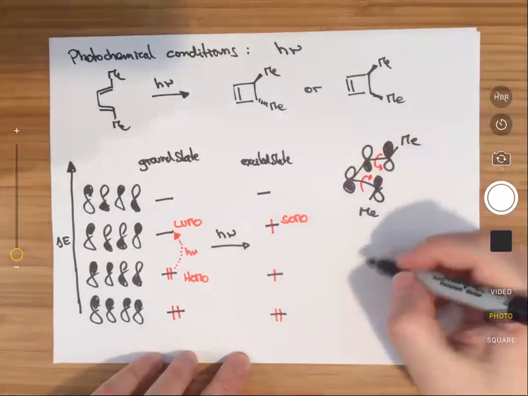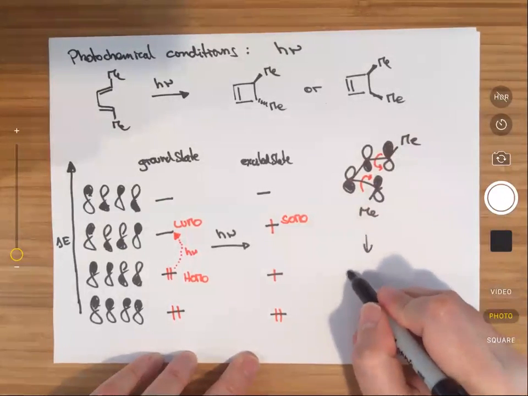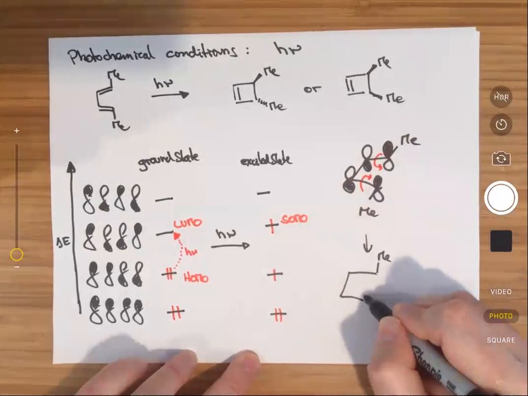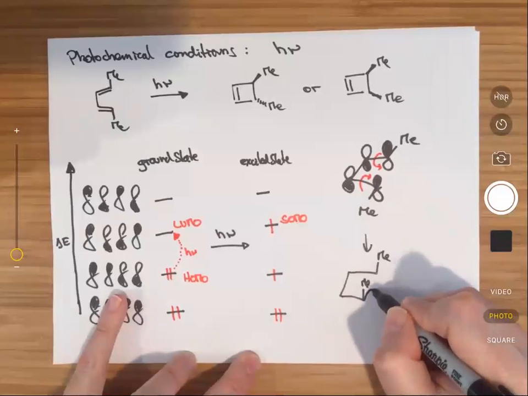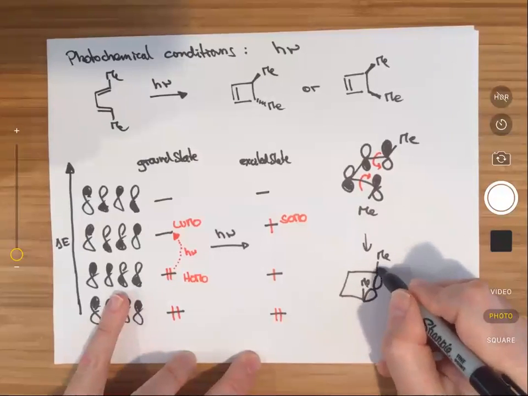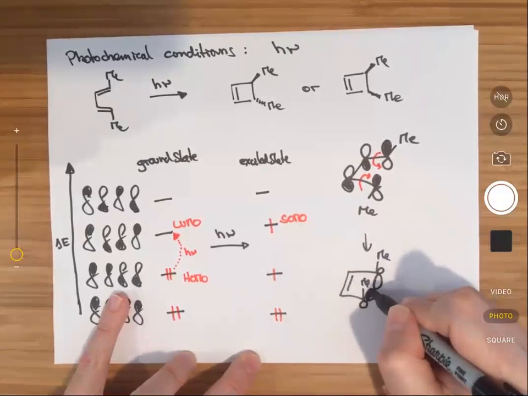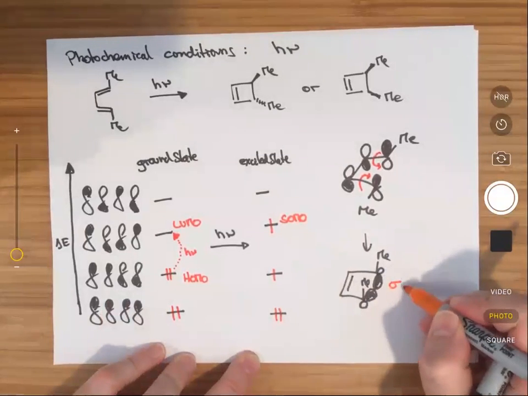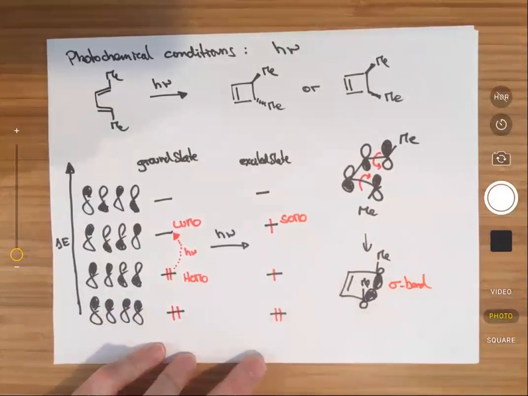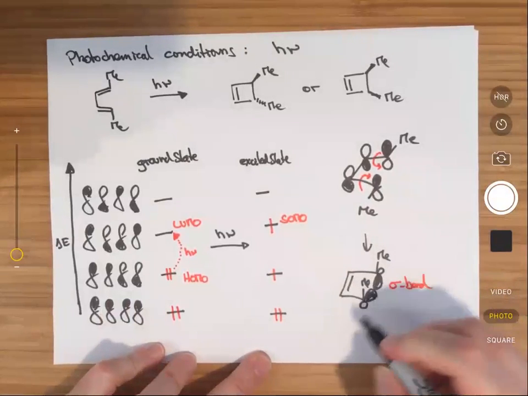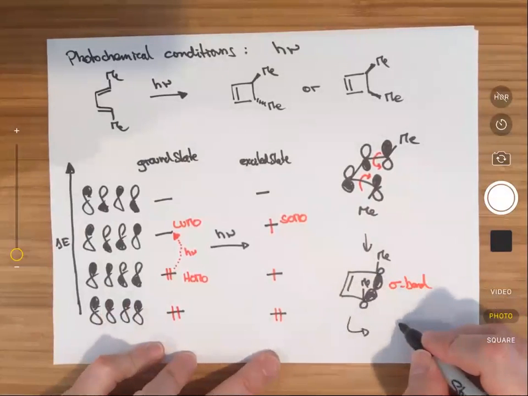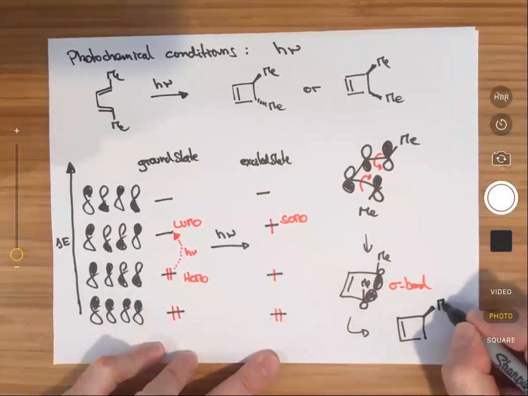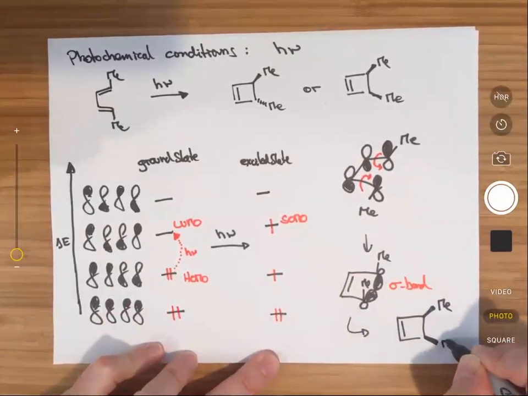That essentially gives us the product of this reaction, where this methyl group points upwards, this methyl group points upwards, and you have your new sigma bond in position here. So this is the sigma bond. If you look closely, this now corresponds to the product that has the methyl groups on the same side, so where they're syn.